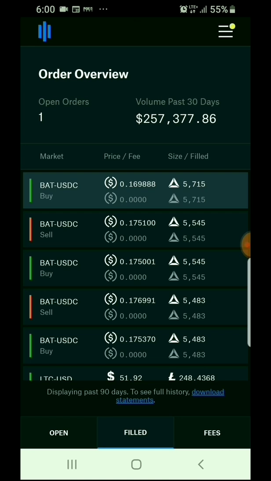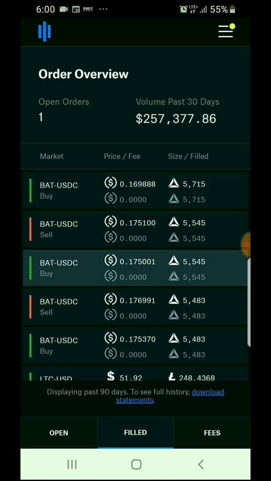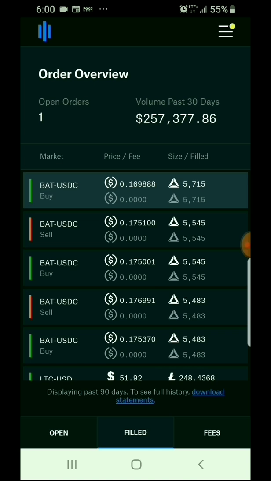The last trade was this one that I highlighted. I did a buy at 0.169888, or basically 16 cents, or almost 17 cents. I got 5,715 tokens or coins, and that's the last thing I did.